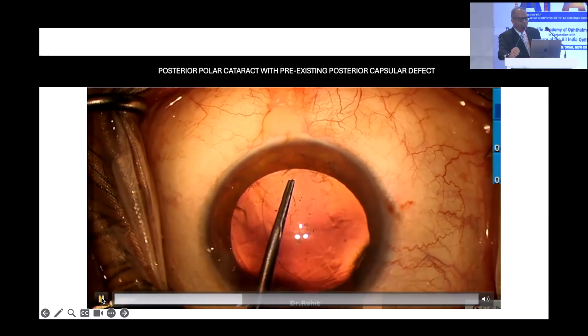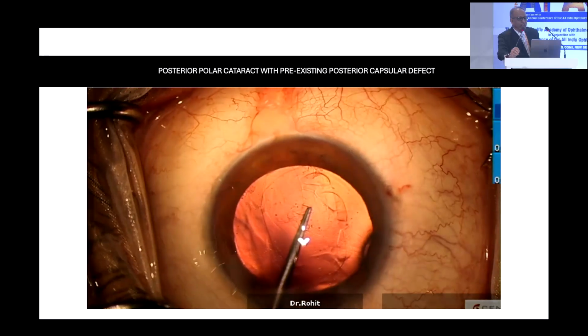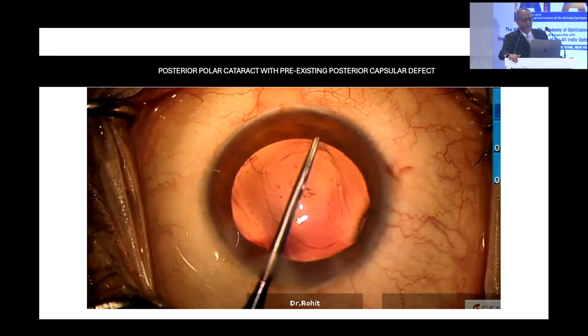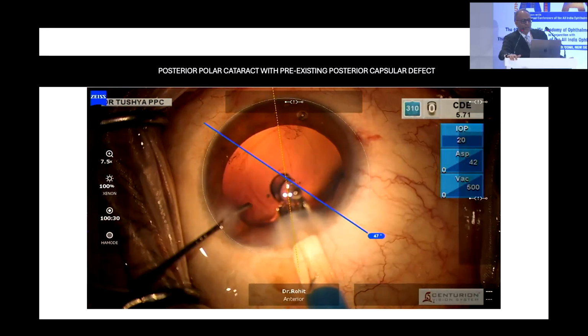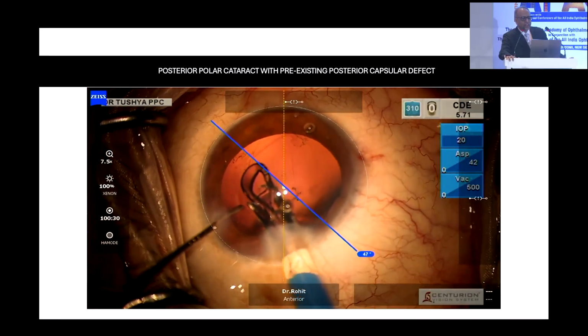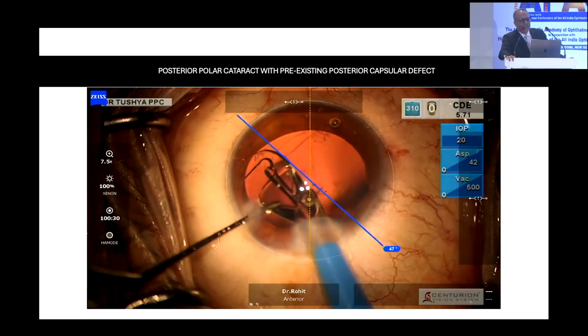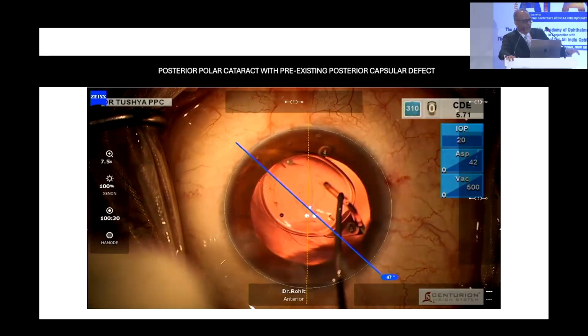I have gone through, created a small incision at the side so that the chamber settings are stable, and I was able to round it off. So once I was able to round it off, I thought that I might as well try a toric lens in this situation, as David has taught you.